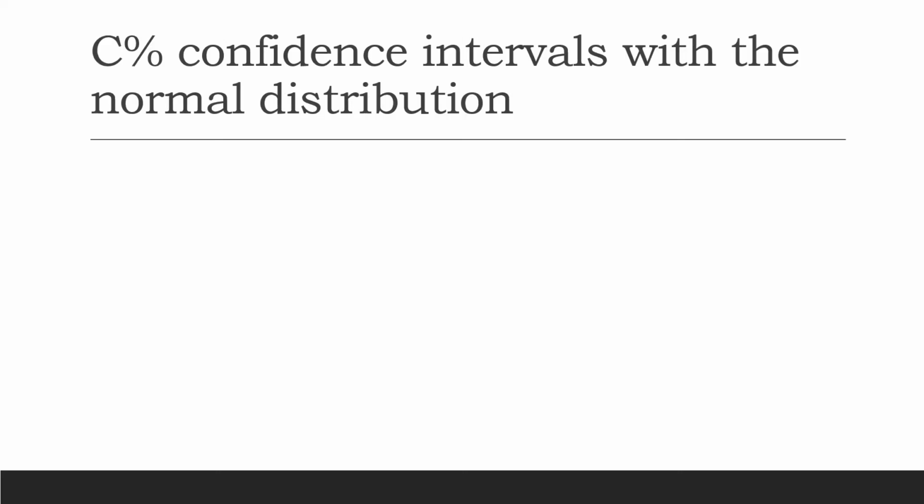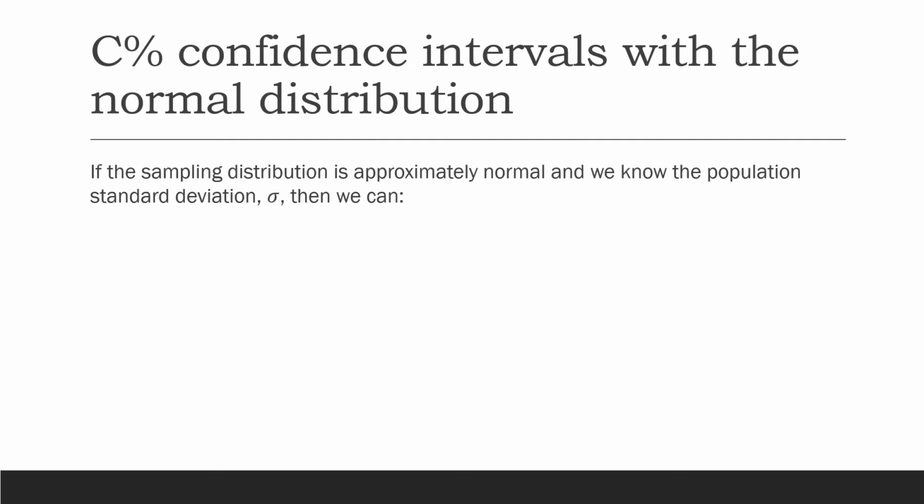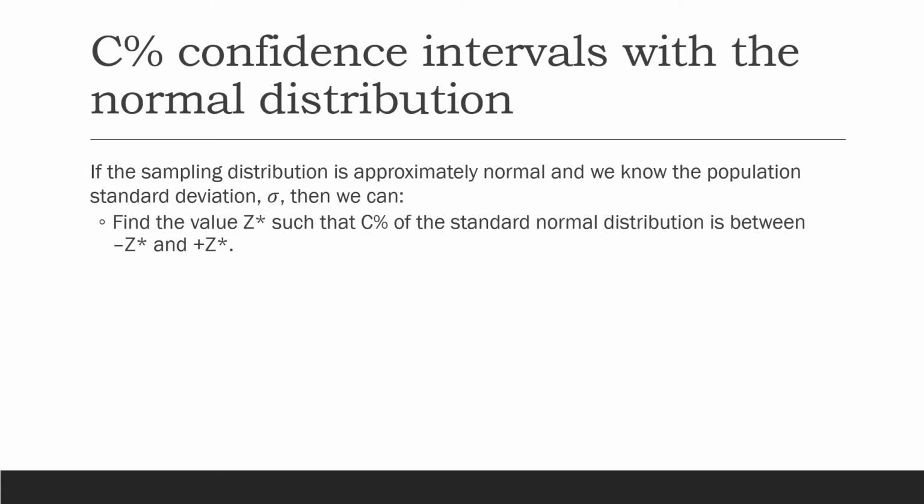This is useful because it means we can use the normal distribution to calculate C% confidence intervals. If the sampling distribution is approximately normal and we know the population standard deviation, then we can find the value z star such that C% of the standard normal distribution is between negative z star and positive z star.